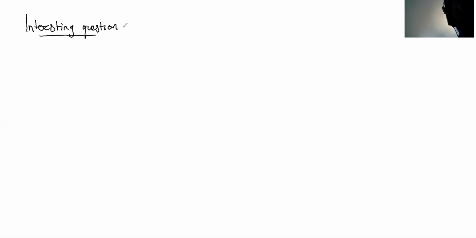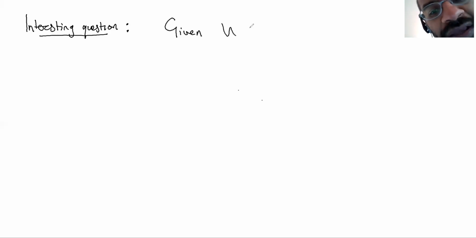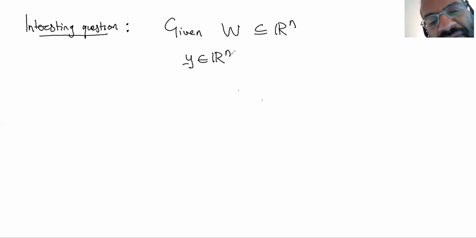So this is an interesting question. Suppose I'm given a subspace of Rn, and I'm given some vector y in Rn that may or may not be in the subspace. The interesting case is when it's not in the subspace.